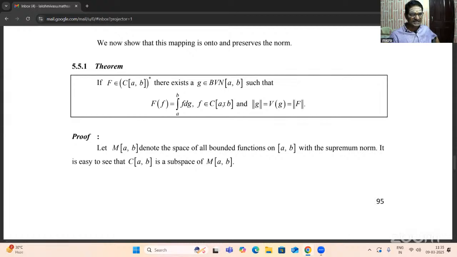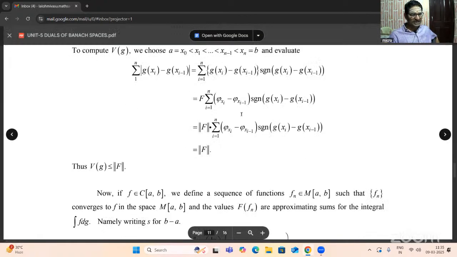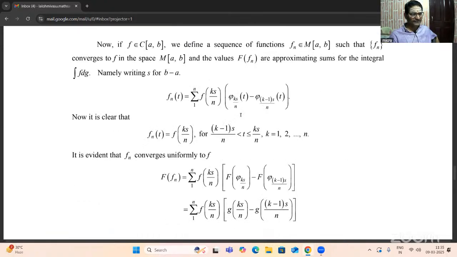F is in C of ab, norm g means V of g. Norm g equal to norm capital F. So that value is a bounded variation. So you must apply given this condition. This theorem is very important. Please see and refer here.